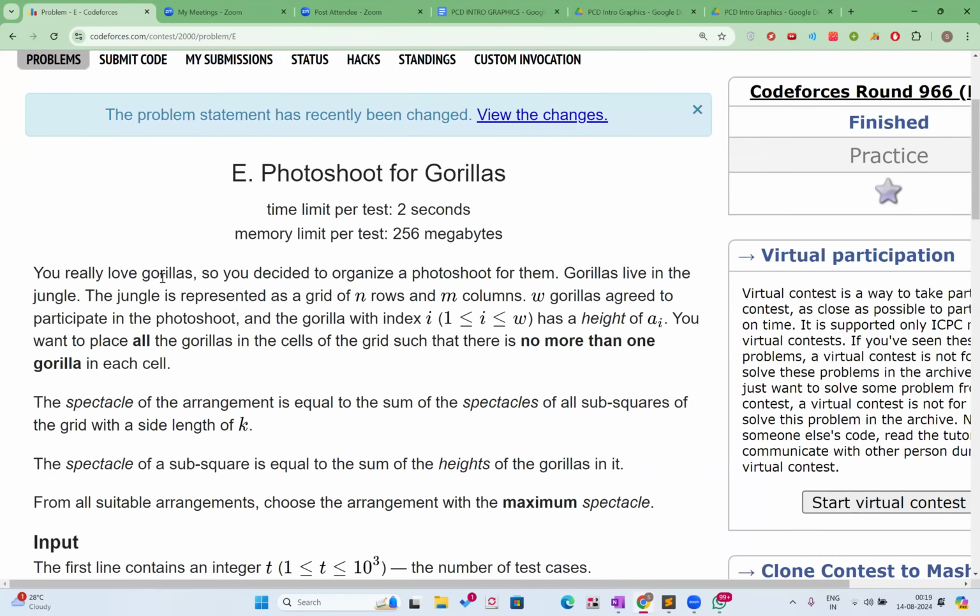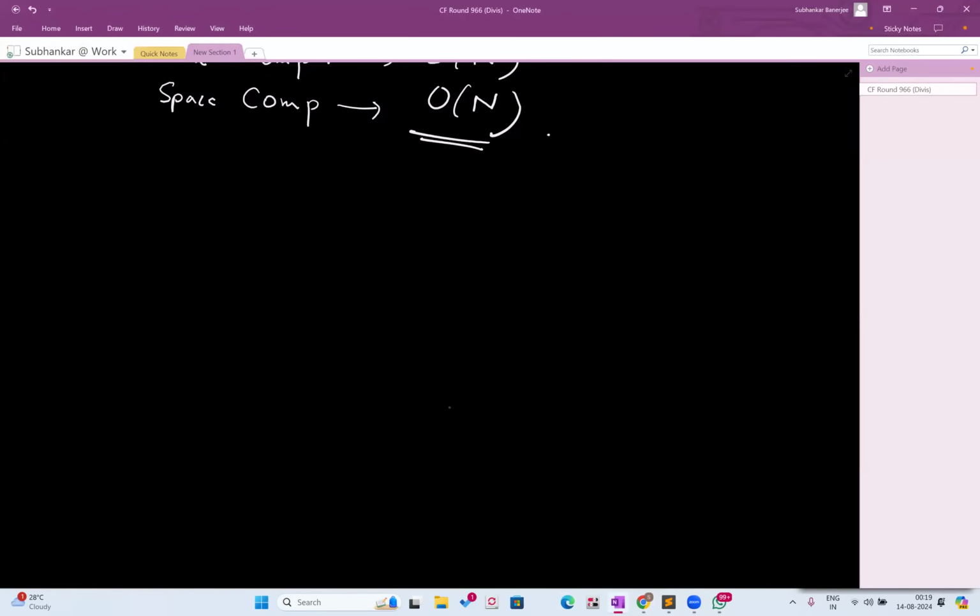So what this question says, there is a grid of n cross m size, and there are W gorillas. The ith gorilla has a height of AI. I'll just draw it.